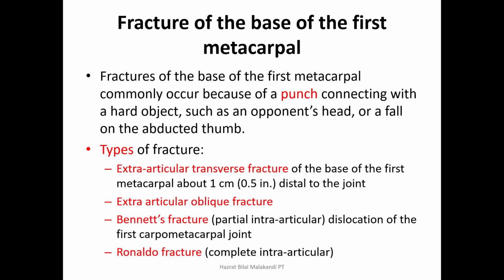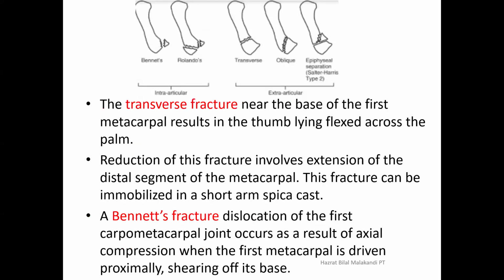In the Bennett fracture, usually there is dislocation of the first carpometacarpal joint. Both are intra-articular, but the Rolando is complete and the Bennett is partial. The transverse is just parallel to the joint surface. These are transverse and these are oblique, both types being extra-articular.